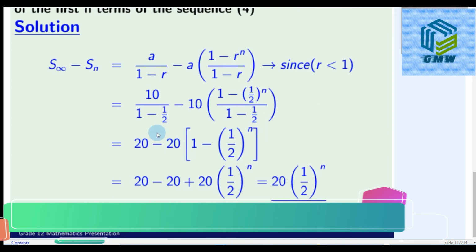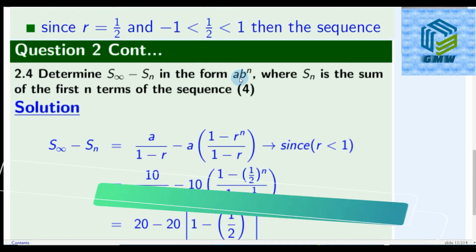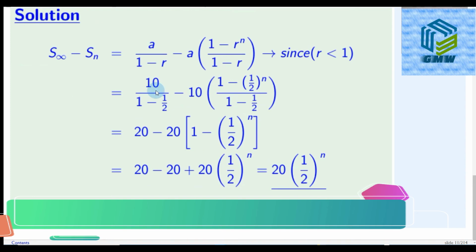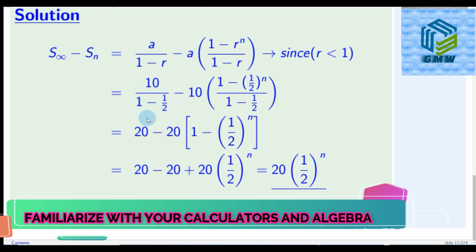Now the next step was to simplify, moving towards the format that they wanted my solution to be in. If you are to punch this in a calculator, or for those able to use their heads, this is 10 over half, which is the same as 2 times 10, which is 20. Or those with Casio, you can punch this in your calculator without any problems. You will get 20 for this part.